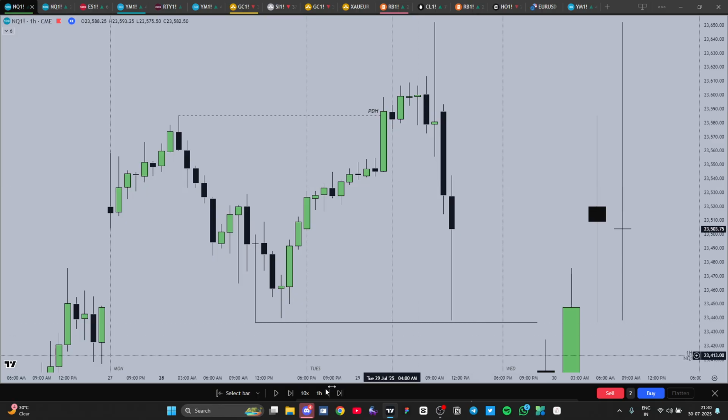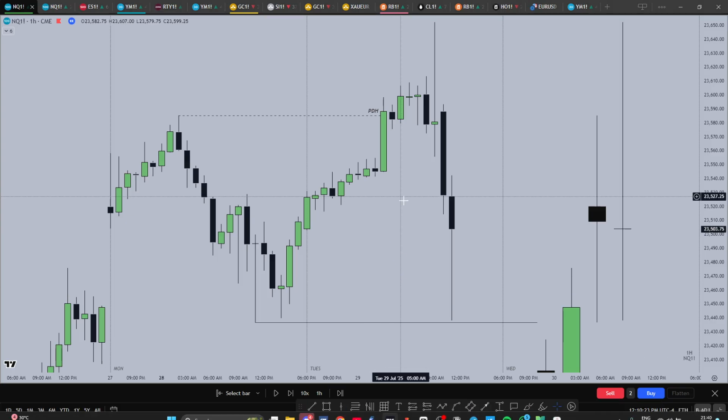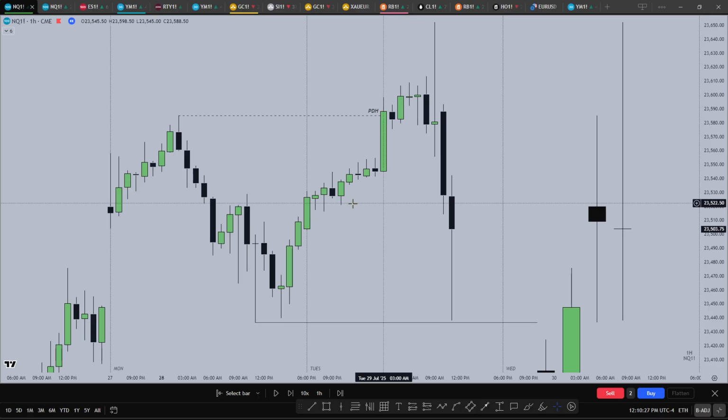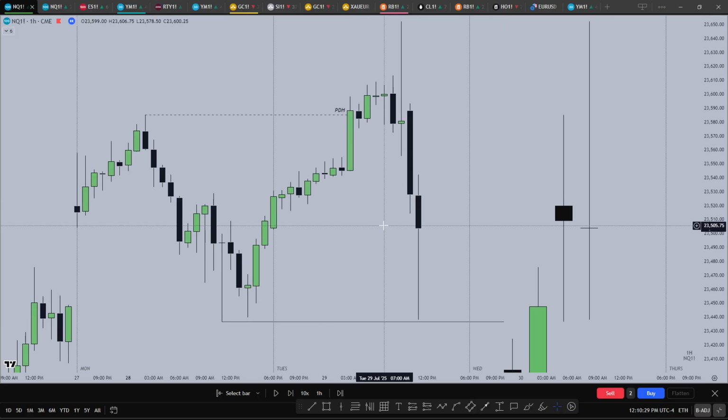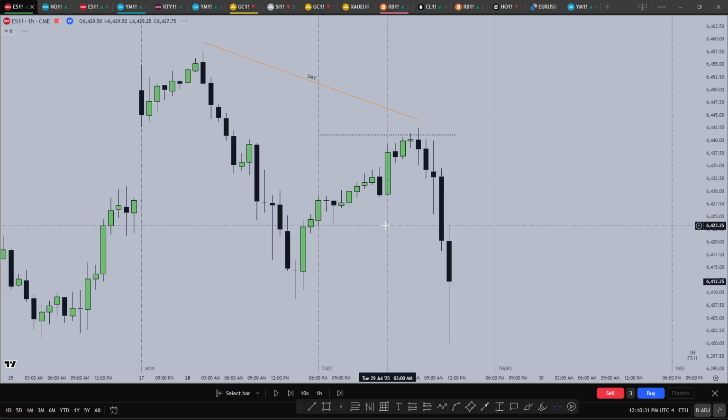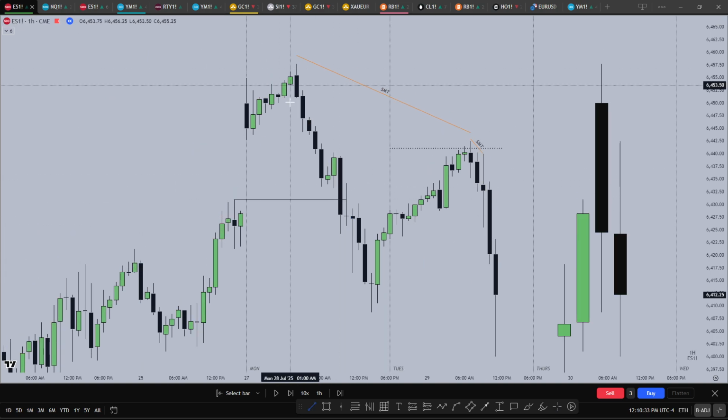Meanwhile, ES at the same time has the short framework already there. Let me show you. Already has a short framework.